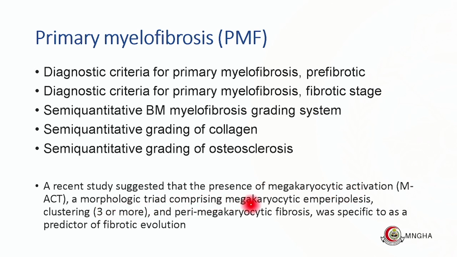It's a triad that comprises megakaryocytic hyperplasia, clustering of 3 or more megakaryocytes, and pre-myelofibrosis. This is specific for predicting fibrotic evolution in any patient with ET, PV, or even early primary myelofibrosis.